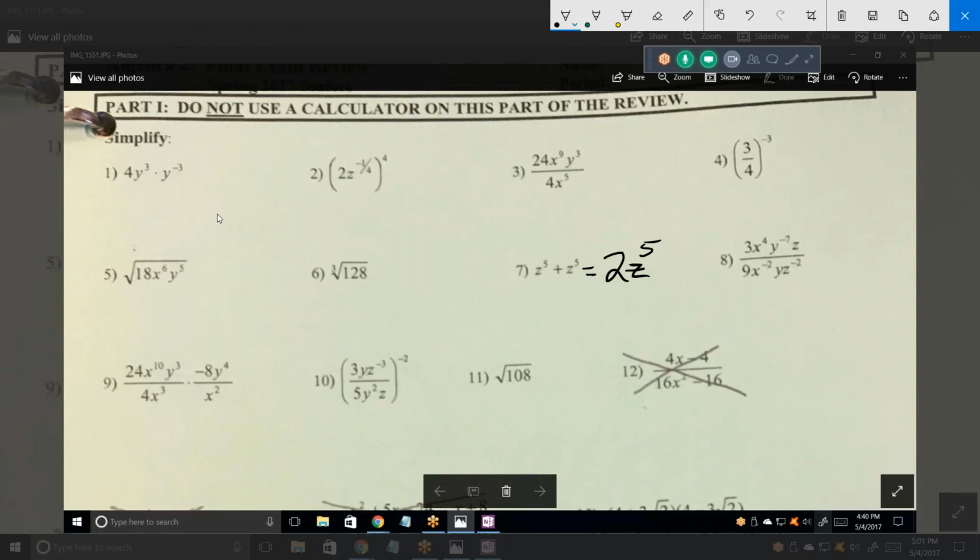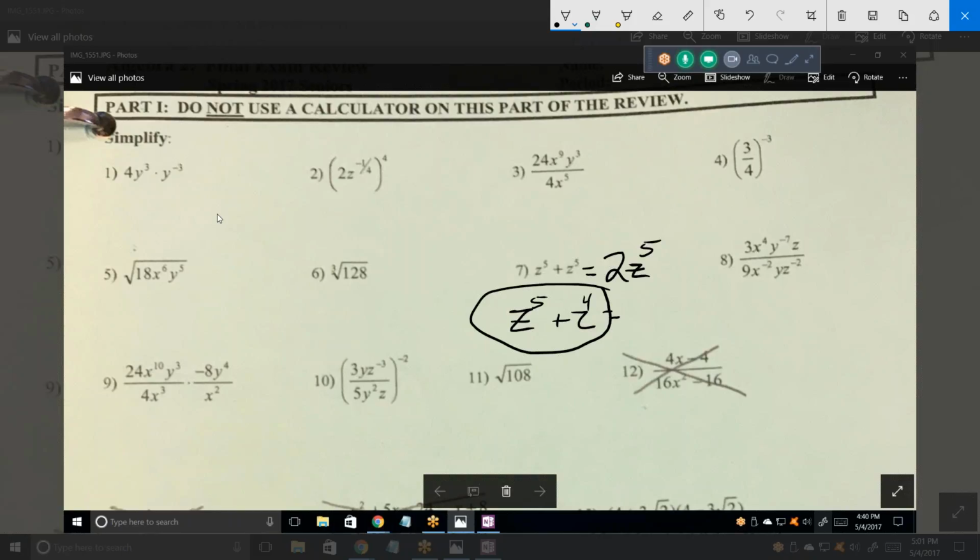Now, let me ask you this. If I had a z to the 5th plus a z to the 4th, what do I have? 2z to the 9th? No. I have this. I cannot simplify that. I'm adding 2 different things.